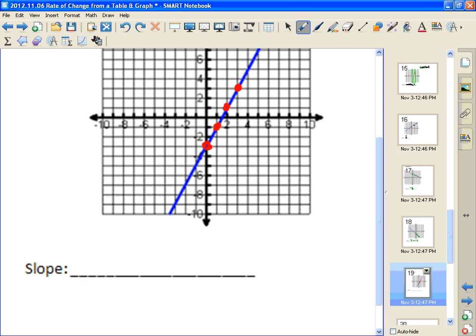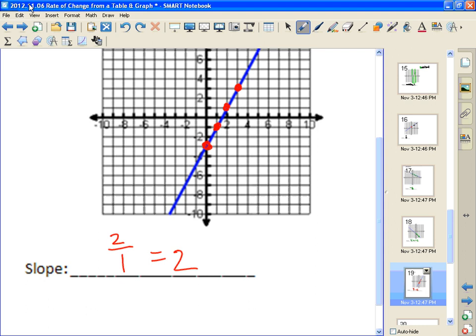So if I count my ordered pairs to see where they cross, I go up 2, right 1, up 2, right 1, up 2, right 1. Because the line is going up, I know that it has positive slope. So I went up 2, and then I went right 1. But because this can be reduced, I'm going to go ahead and reduce that to the whole number 2. So the slope of that line is 2.